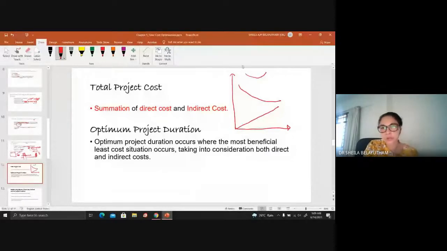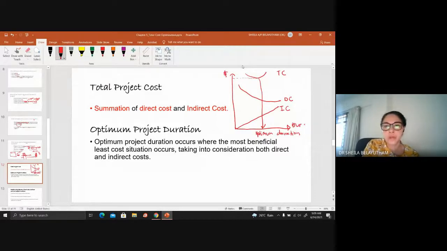Okay, so you would have indirect cost, you would have direct cost, you would have total cost. Okay, so at the lowest point, this will be your optimum duration. Okay, so you have your duration, you have your cost.